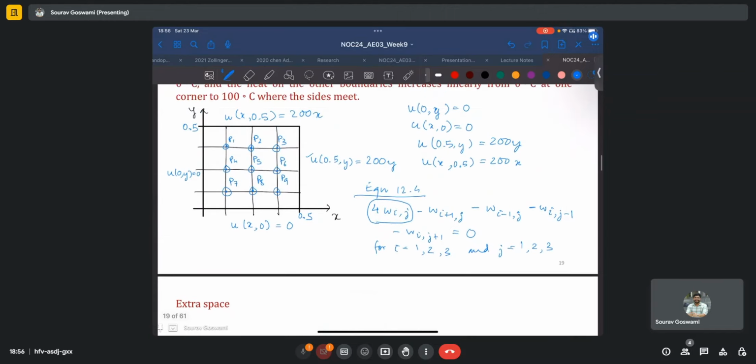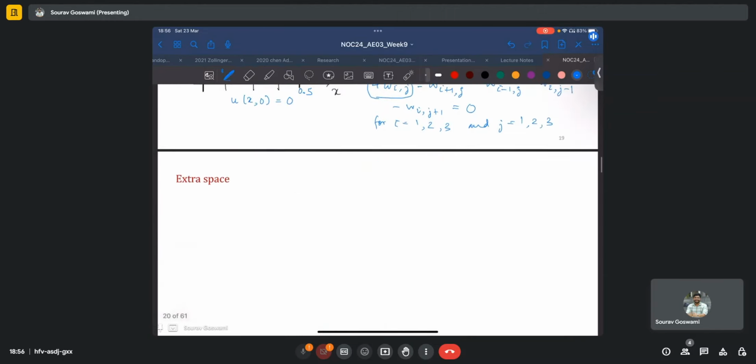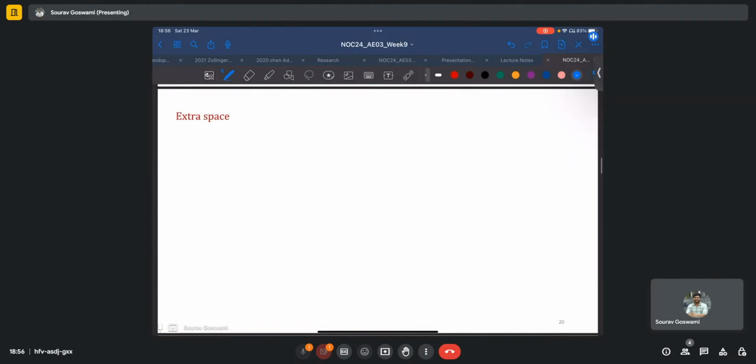And if we try to express it for each of these nodes that we have listed here, it will look something like this. So for P1, it will look like 4w1 minus w2 minus w4 is equal to w_0,3 plus w_1,4. For node P2, 4w2 minus w3 minus w1 minus w5 is equal to w_2,4. So we have two indices on the RHS here.